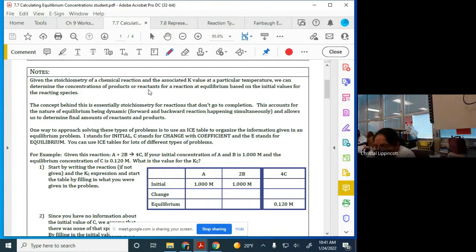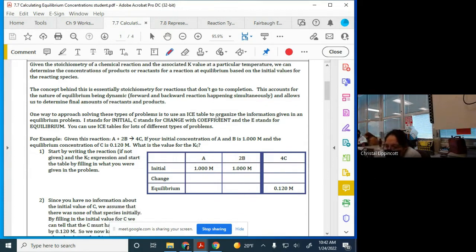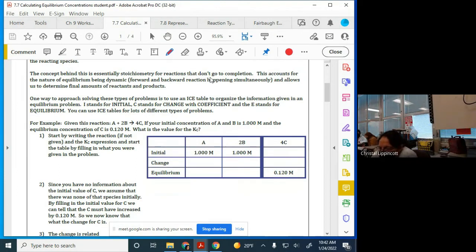But we can determine the concentrations of products or reactants for a reaction at equilibrium based on those initial values if we have our K. So essentially, it's stoichiometry all over again, but it doesn't go to completion, because eventually it's going to turn back the other way and go back and forth. So you have to figure out which one is going to be favored.